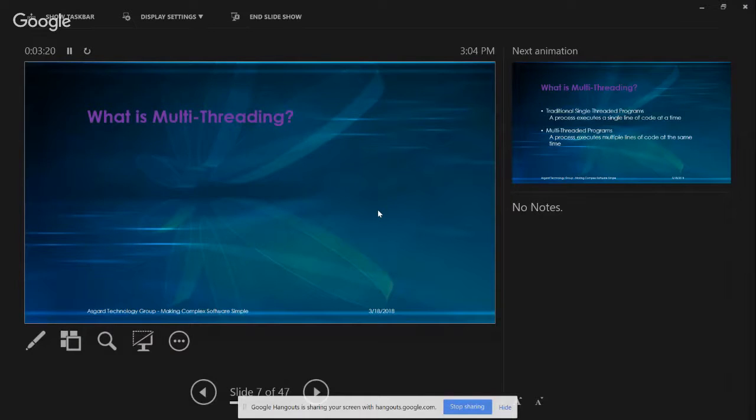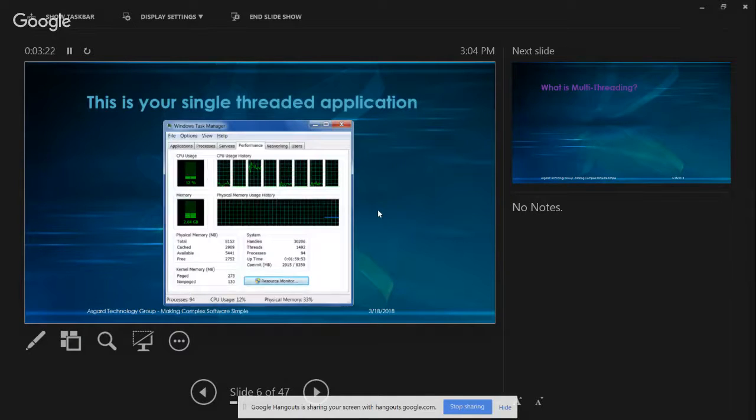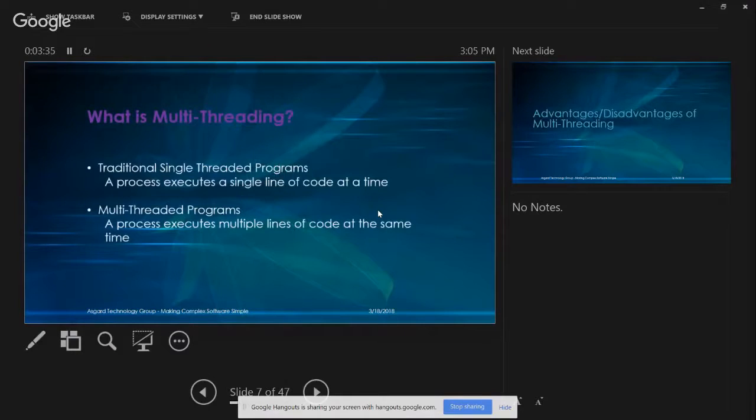Sometimes when you drive by a construction site on the side of the road and there's one guy digging and 3 guys standing around, that's you with multi-threading, right?